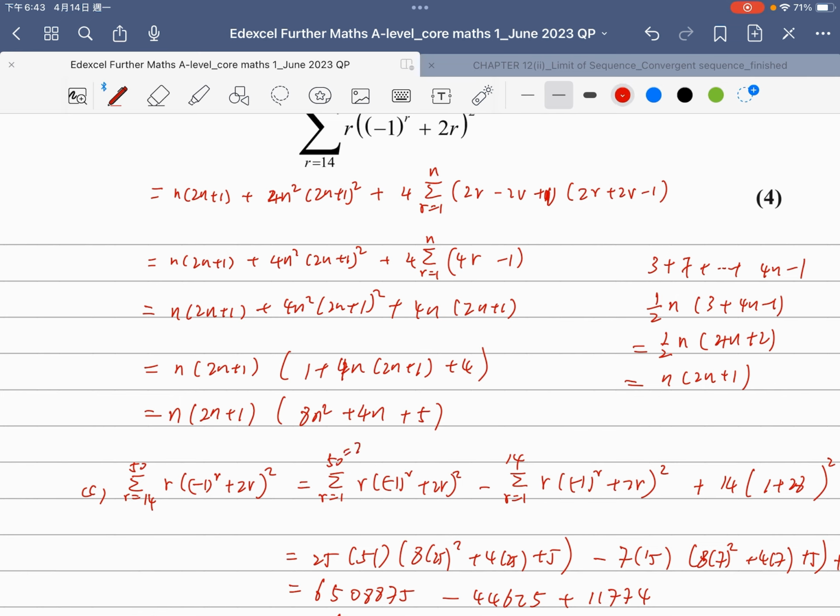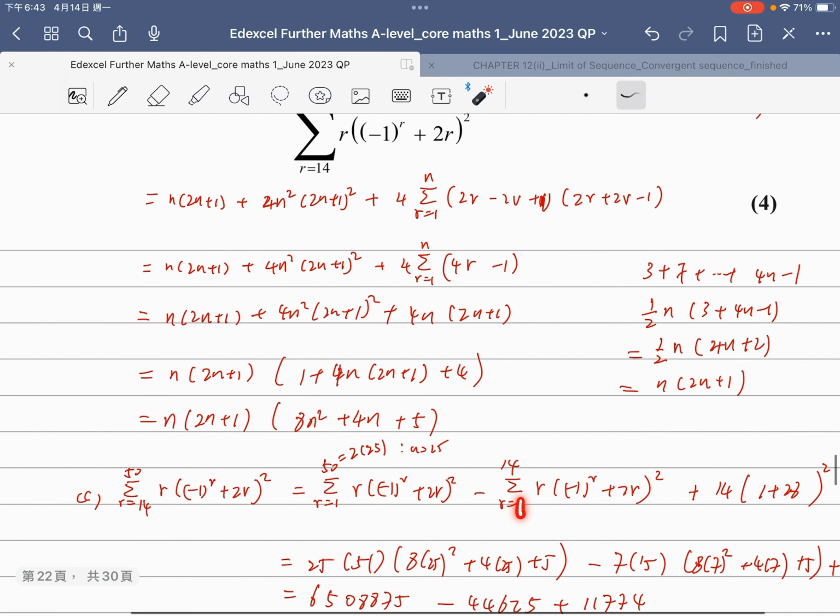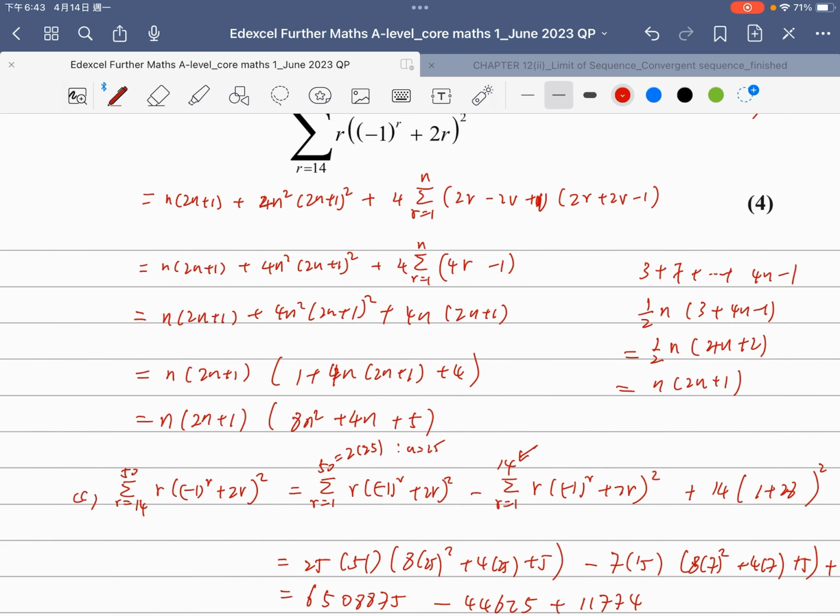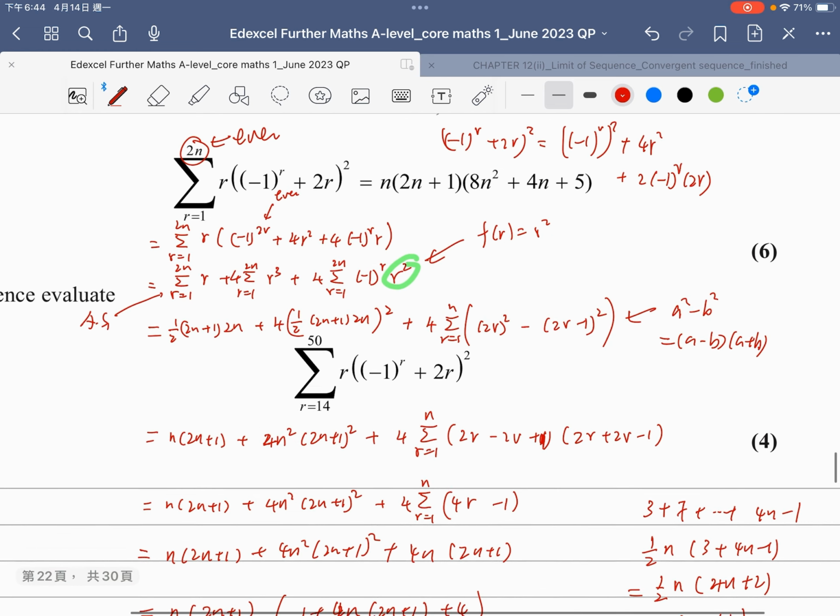50 here is 2 times 25, so n equals 25. Minus, it should be 1 to 13, but this is an odd number, therefore I subtract an extra term, the term of 14, and then this n is equal to 7, so that I can apply the formula here.